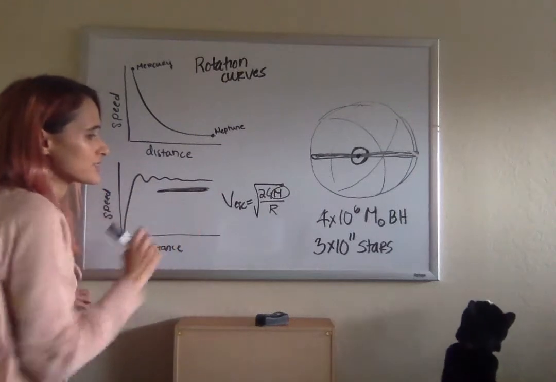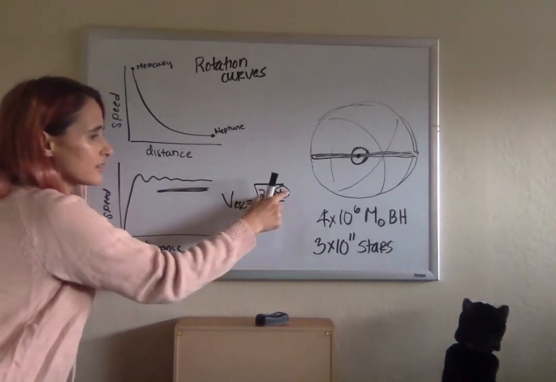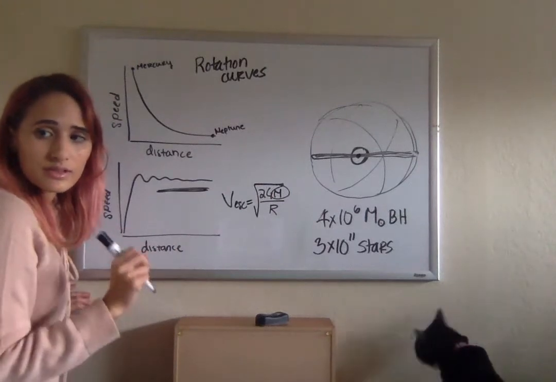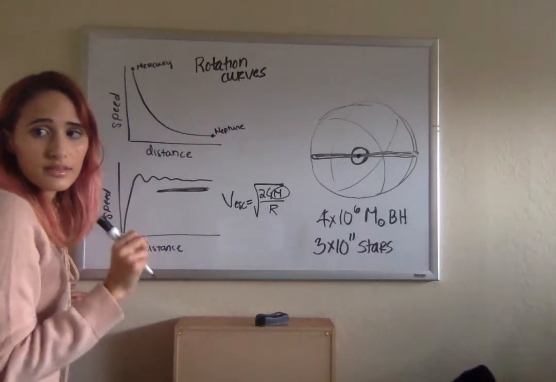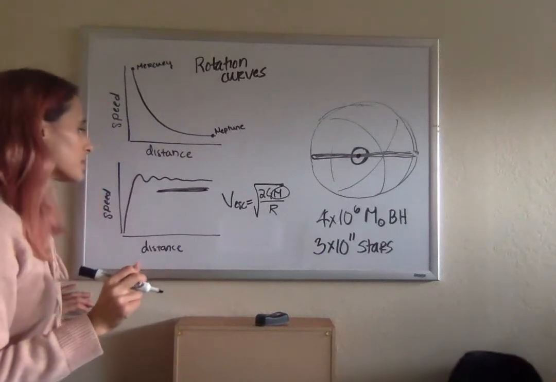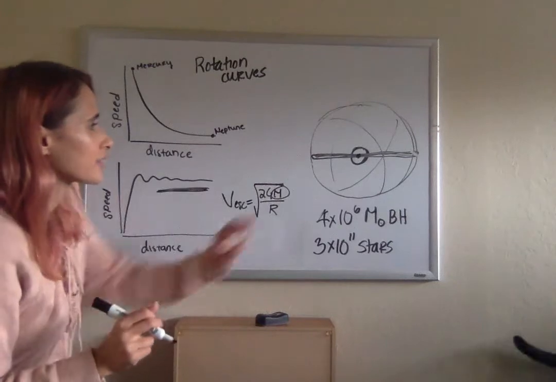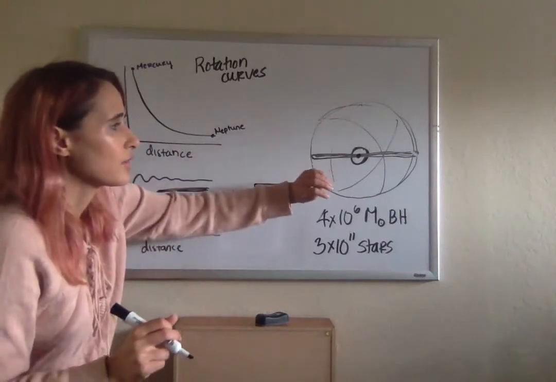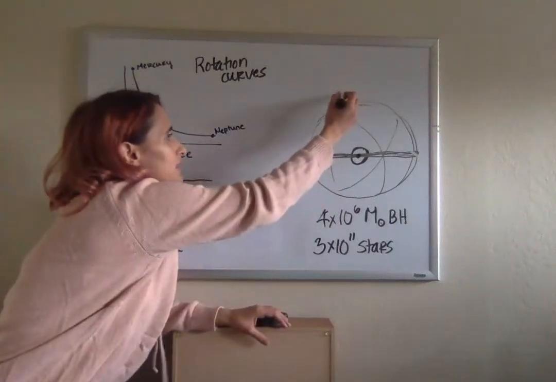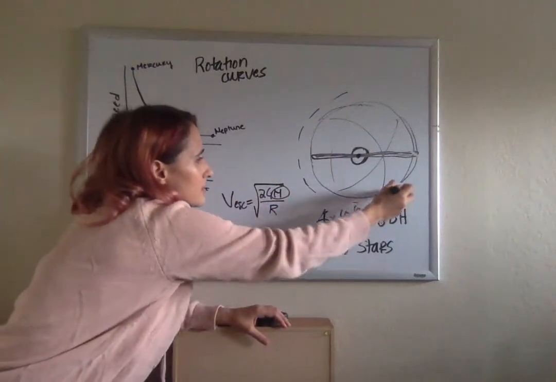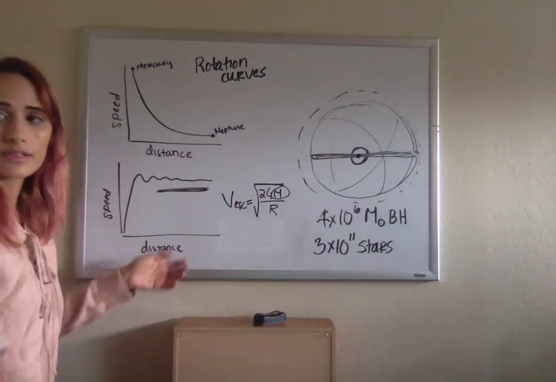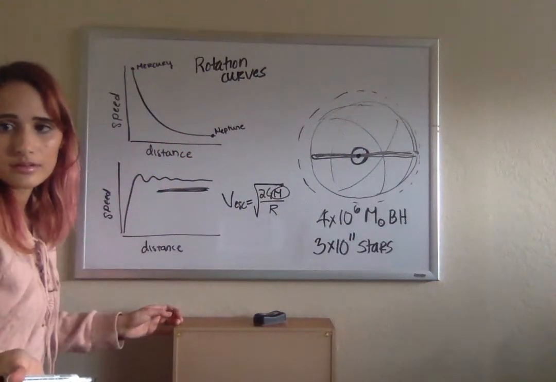This flat rotation curve tells us that our mass has to be a lot more than we think it is, and that's our evidence for dark matter in the galaxy. So that is the other component to our galaxy that we can't see, and it is this big dark matter halo that we are embedded in, and throughout the whole galaxy there's dark matter.